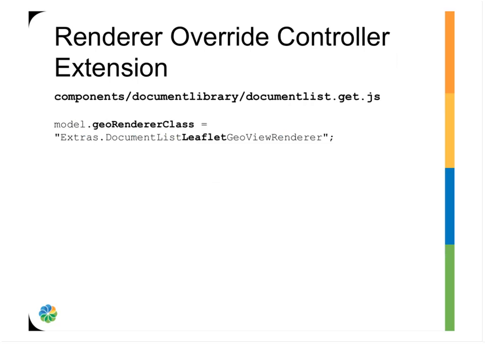Now remember that variable called GeoRenderer Class I mentioned that I didn't have to externalize in my JavaScript file. The reason for me doing it is so that I can provide an additional JavaScript controller override that overrides that custom variable. So I've highlighted in bold on the last line here the difference between the initial file and this file.